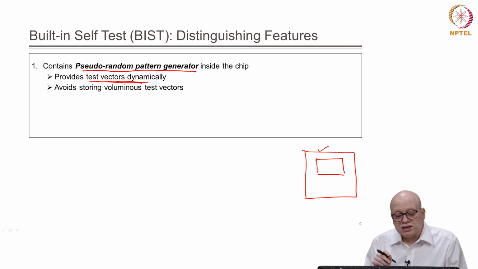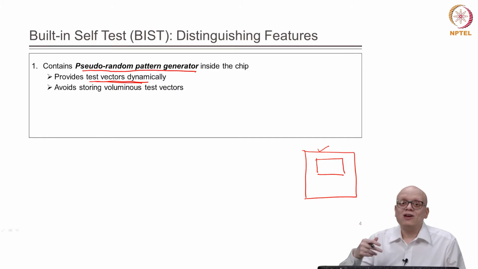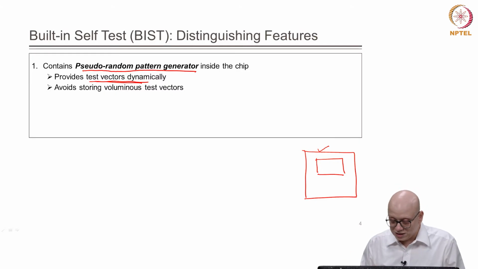So, by using a pseudo random pattern generator, we are avoiding storing test vectors within our chip, but on the fly or dynamically it can generate those test patterns, and those test patterns can be used in the BIST method.